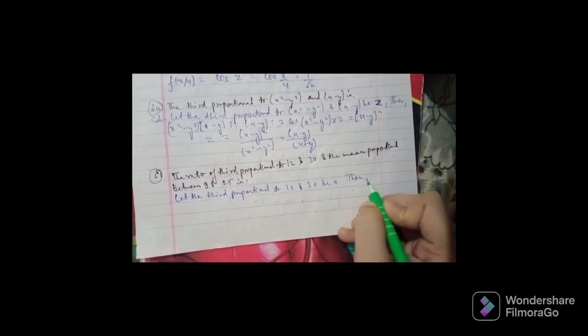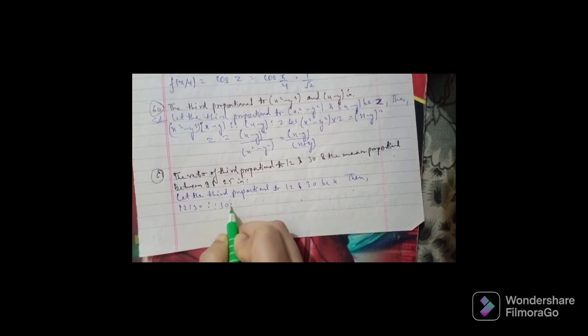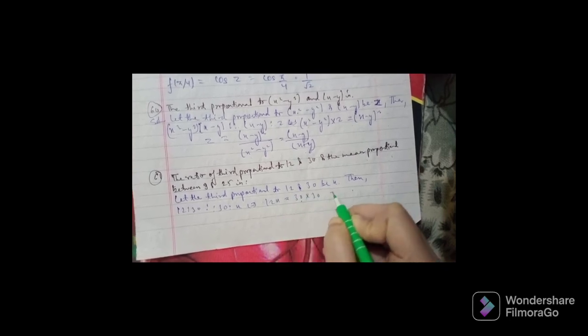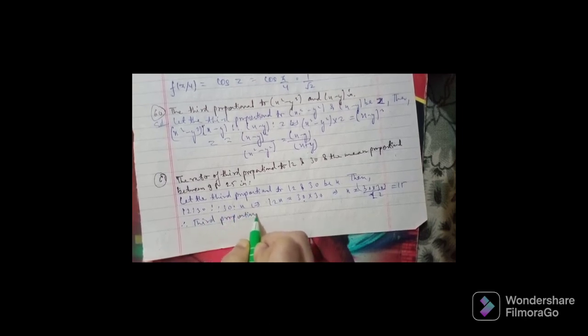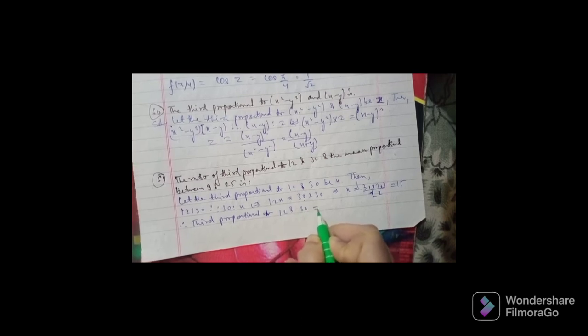Then 12:30 :: 30:x, so 12x equals 30 into 30, where x equals 30 into 30 upon 12, which equals 75. So the third proportional to 12 and 30 equals 75.